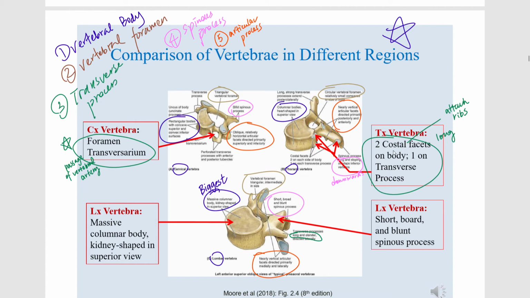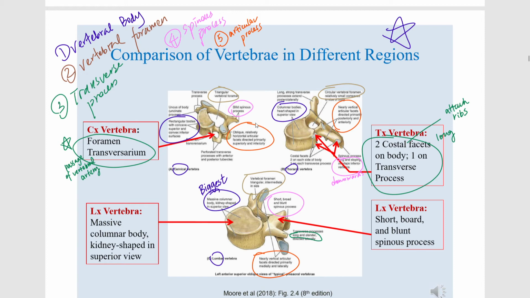Two costal facets on the body, as you can see here, and also one transverse process on each side, pointed with a red arrow. And lastly, the transverse process in the lumbar region is long and slender, and of course directed to the lateral side. That's why it's called the transverse process.